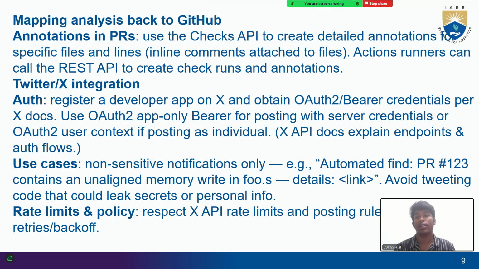Twitter or X integrations, starting with authorization: register a developer app on X and obtain OAuth 2 or bearer credentials per the X docs. Use an OAuth 2 app-only bearer token for posting with server credentials, or OAuth 2 user context if posting as an individual. The X API documents explain endpoints and limits.